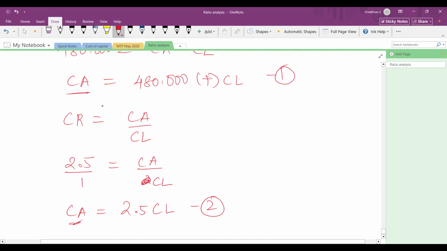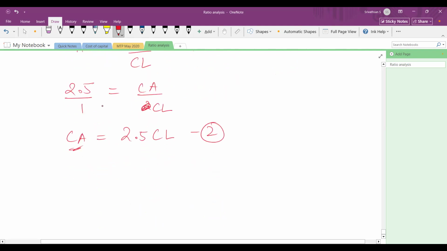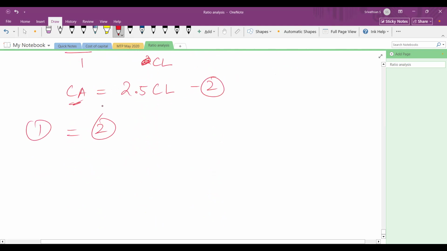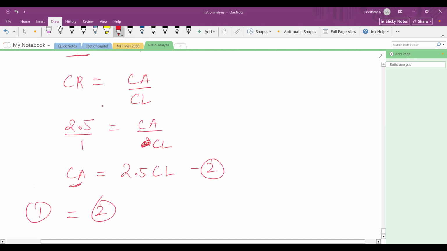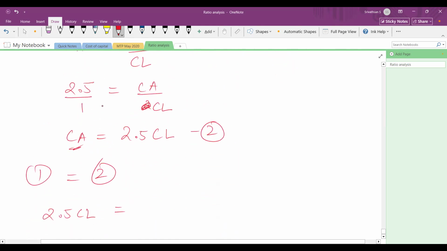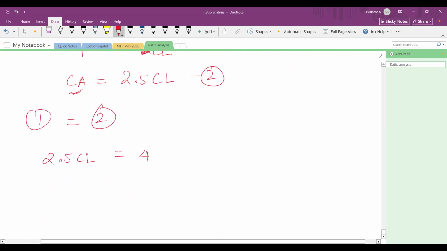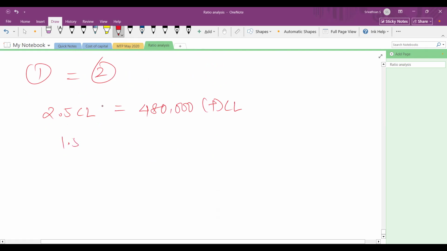You're all following it. So now we can say equation 1 is equal to equation 2. So 2.5 current liability is equal to 4,80,000 plus current liability. So how much do we get? 1.5 current liability is equal to 4,80,000. Current liability is equal to 3,20,000.